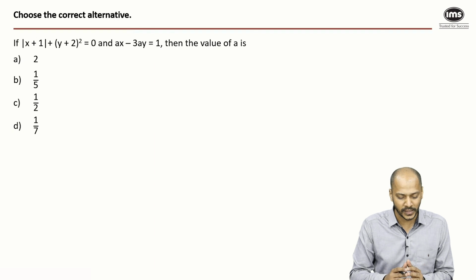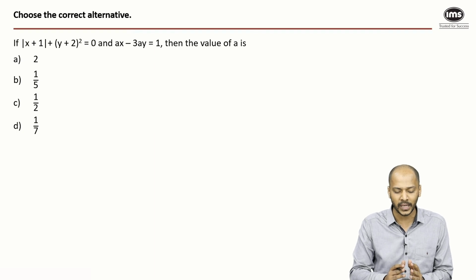If you look at today's question, there's a simple equation which involves a modulus and a whole square, and we've been asked to find the value of a, which uses the values of x and y in its equation. So, very easy question.